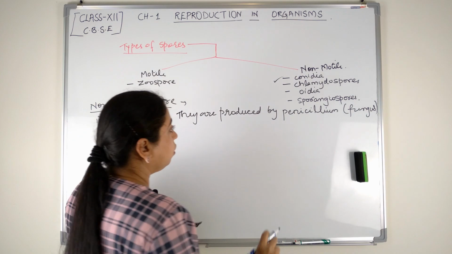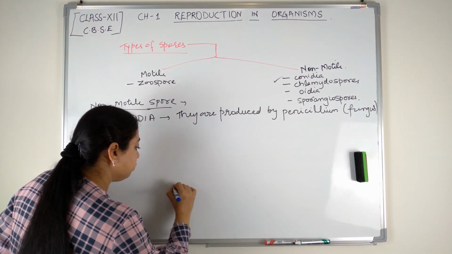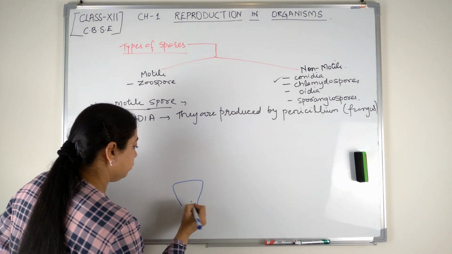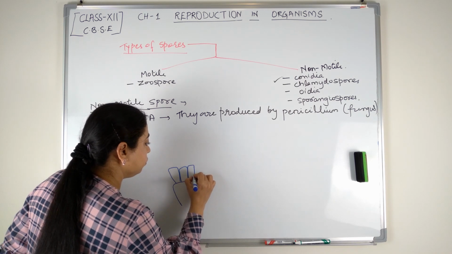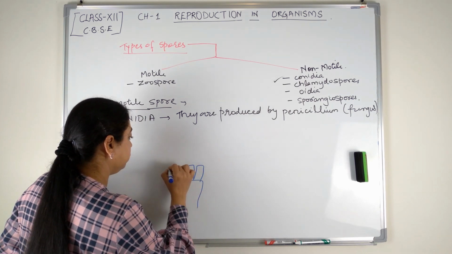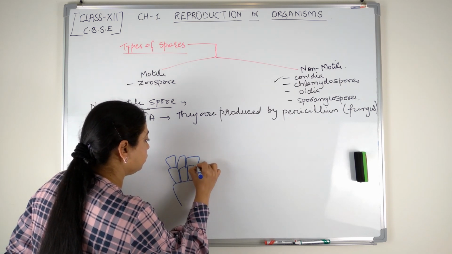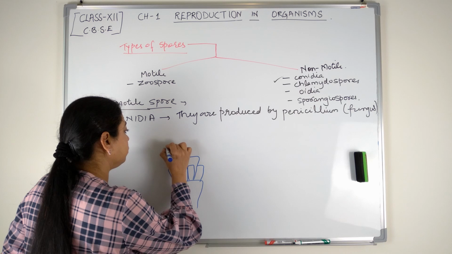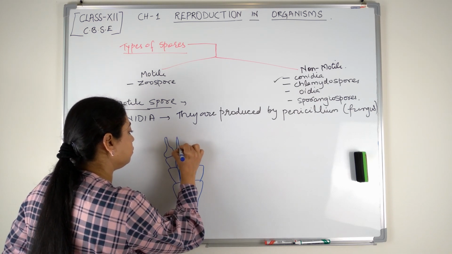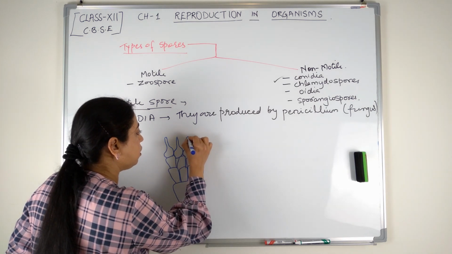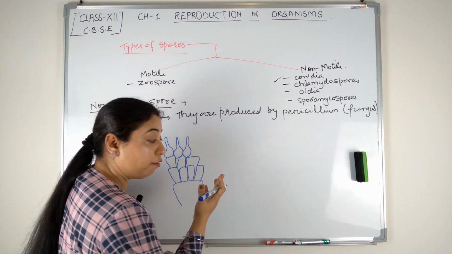Let's draw the structure of conidia. All these structures are different types of hyphae.